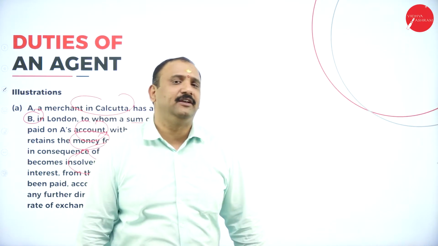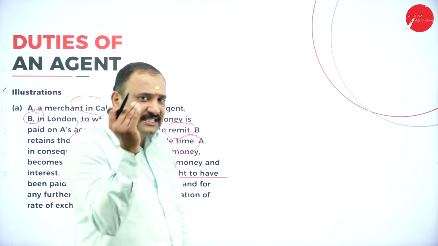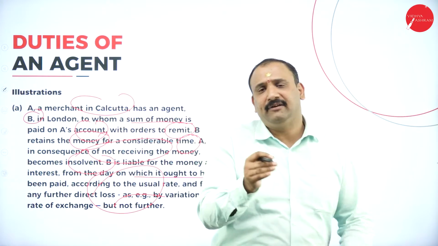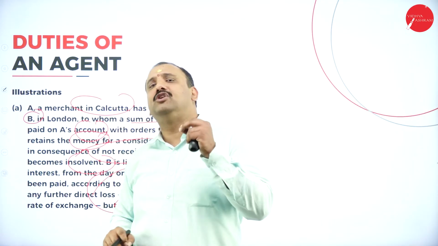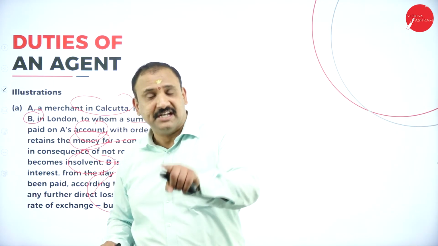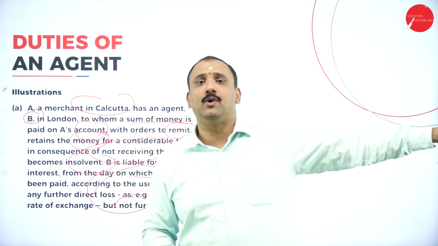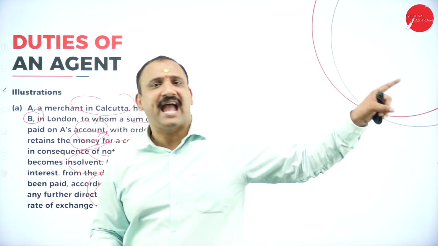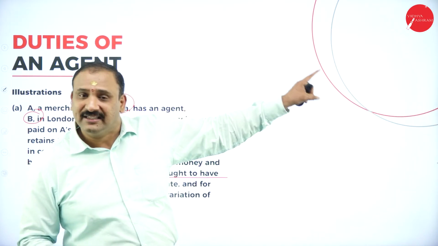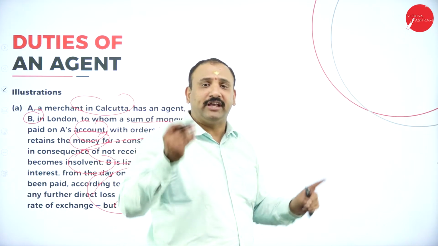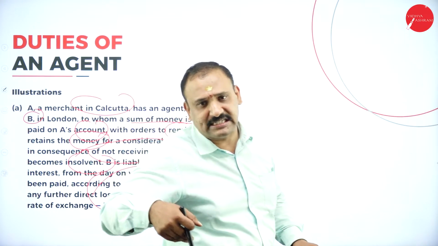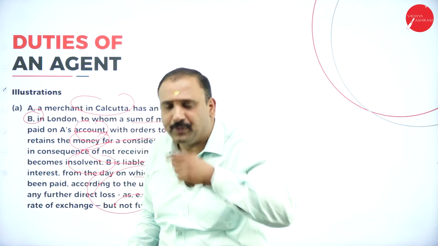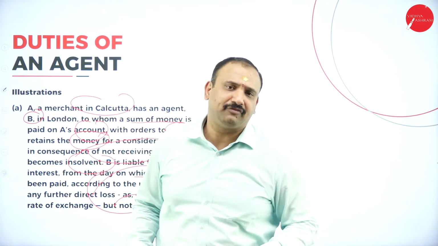So what is happening here is that somebody has given the money to you to put it into the account. But if you just keep the money and not remit it, because of which the principal has been affected, he has become insolvent, he has completely become cash trapped altogether. The reason is the agent. So the agent's responsibility is now to repay the money with the interest, including the variation in exchange of currency.